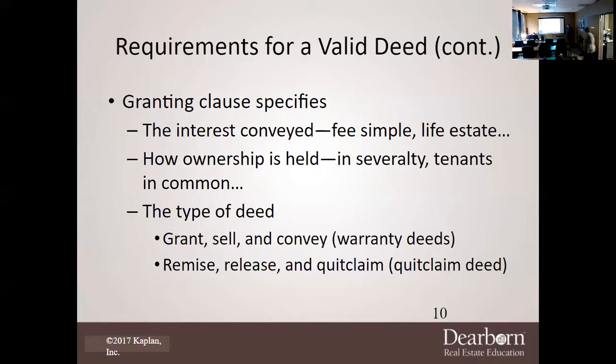Remember, there is a difference. It also specifies how ownership is going to be held. Is it going to be in severalty or tenants in common? And it's also the type of deed, which will either grant, sell, and convey, as in a warranty deed, or remise, release, and quitclaim, as in a quitclaim deed. Okay, we're going to talk about that when we get to that section.